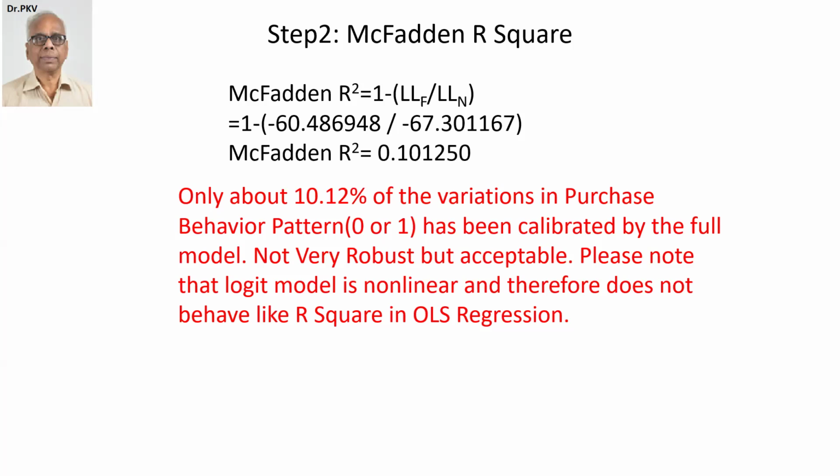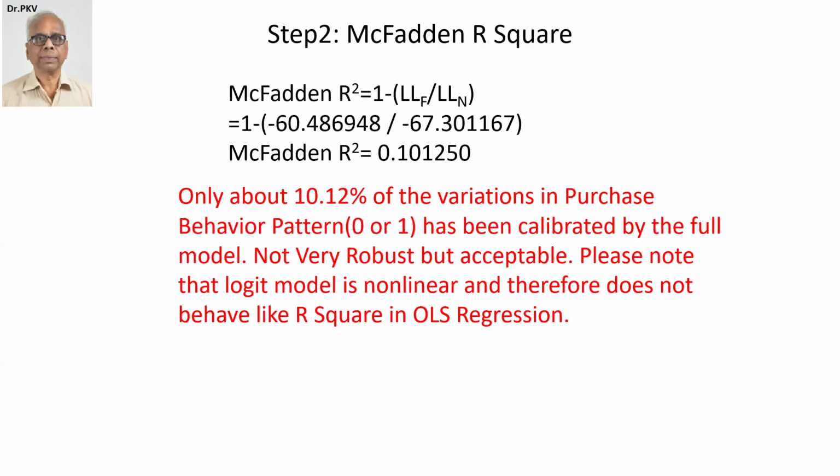McFadden R squared. McFadden R squared is defined as R squared is equal to 1 minus log likelihood full model divided by log likelihood null model.